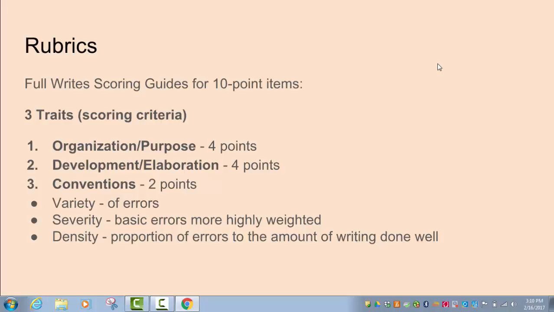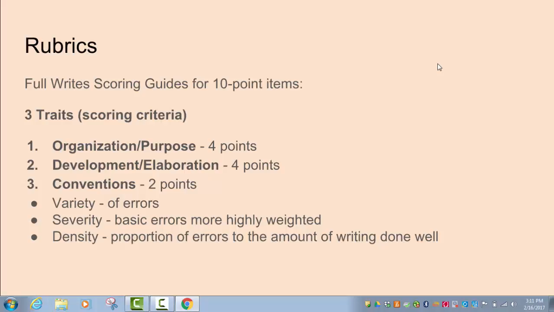We want to remember variety, severity, and density in convention. Variety speaking to the type of error that students are making. Are they making spelling error, punctuation error, syntax structure error? That would be variety. Severity would be the type of error they're making. Are they misspelling kindergarten words, or are they misspelling really sophisticated words that most third graders don't know?